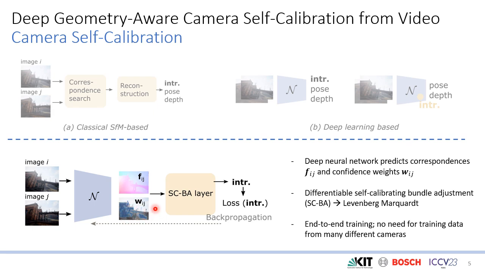They are then passed through what we call the self-calibrating bundle adjustment layer, which uses a differentiable variant of classical bundle adjustment to estimate the intrinsics together with relative camera pose and depth. The model is trained end-to-end such that it learns to find correspondences and confidence weights that are most suited for self-calibration. Overall, we thereby exploit the capabilities of deep neural networks while keeping the classical bundle adjustment, which enables generalization across camera models and cameras.